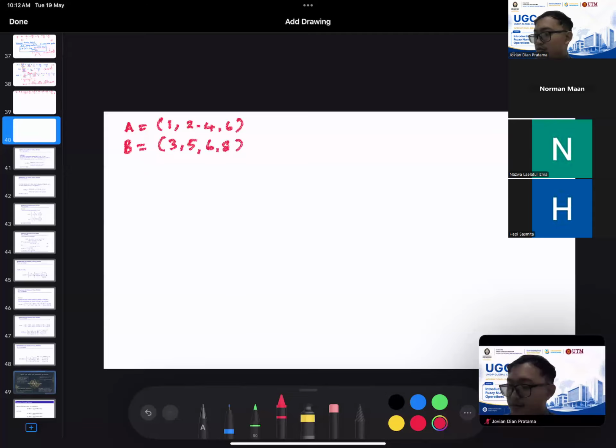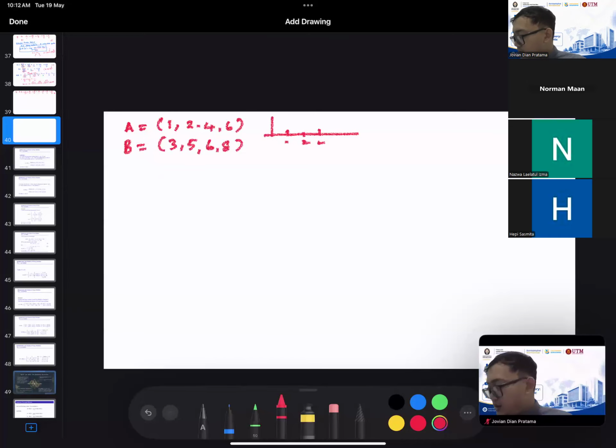This is a very simple one, and I think you will be able to sketch the trapezoidal, where we have, let's say, 1, 2, 4, and 6. So the diagram will look like the trapezoidal one. This is 1, because this is a fuzzy number.